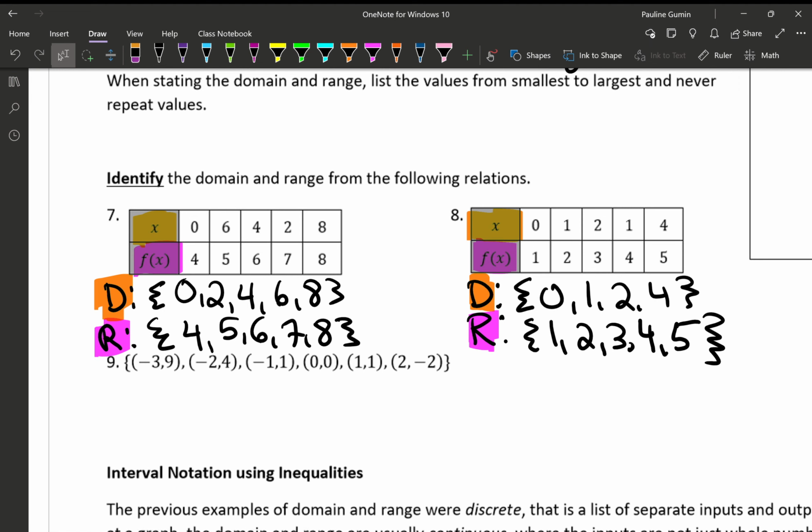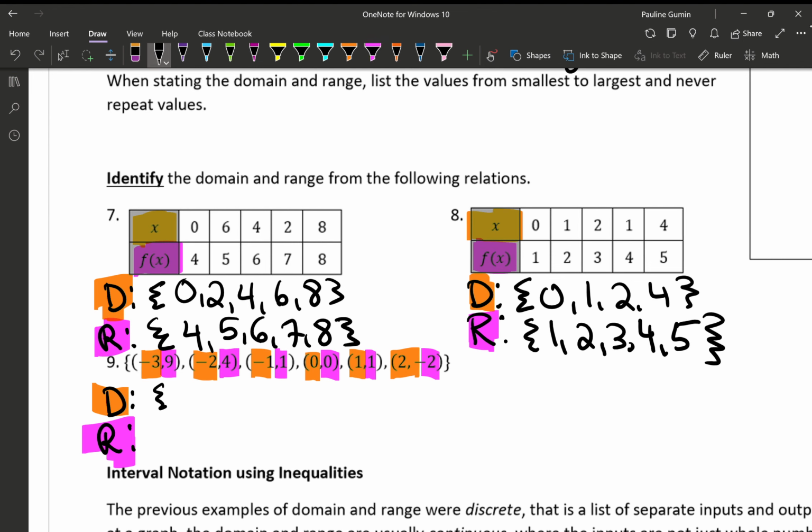Number 9 is the same thing, except instead of having a table, we just have ordered pairs. Remember that our domain is all of our x's, and our range will be all of our y's. Again, in order from smallest to largest.